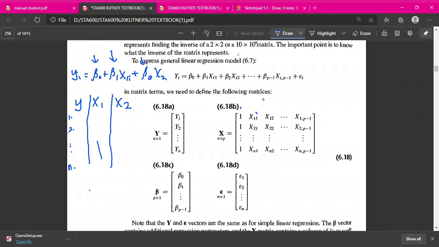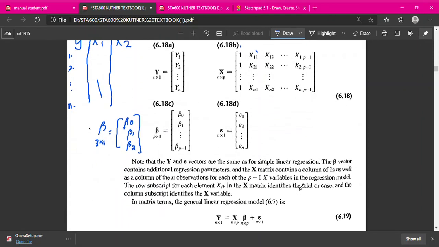The parameters will be a vector. Matrix of parameters beta will be a vector. If it is 3, it will be 3 by 1: beta naught, beta 1 and beta 2, if we have two independent variables. The matrix of error terms will be n by 1.